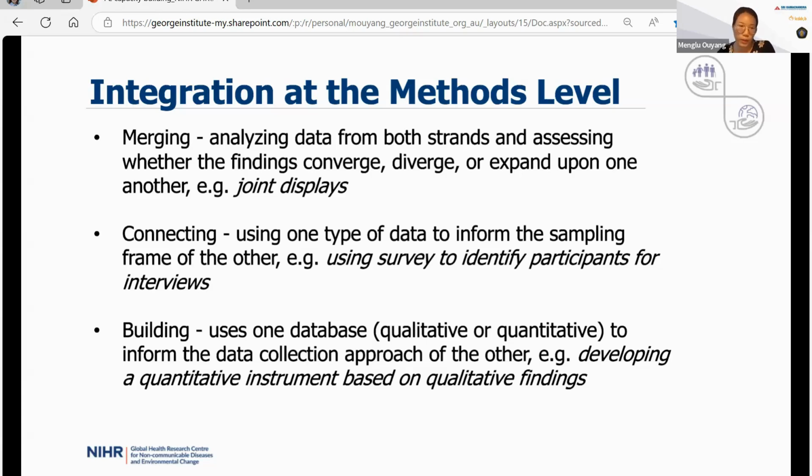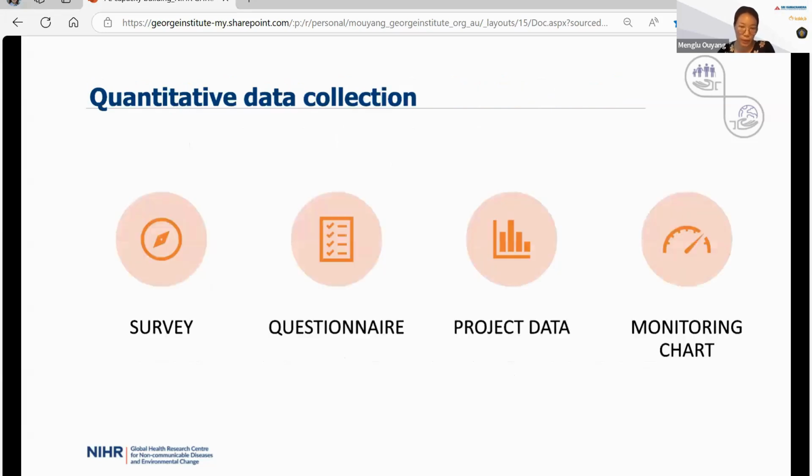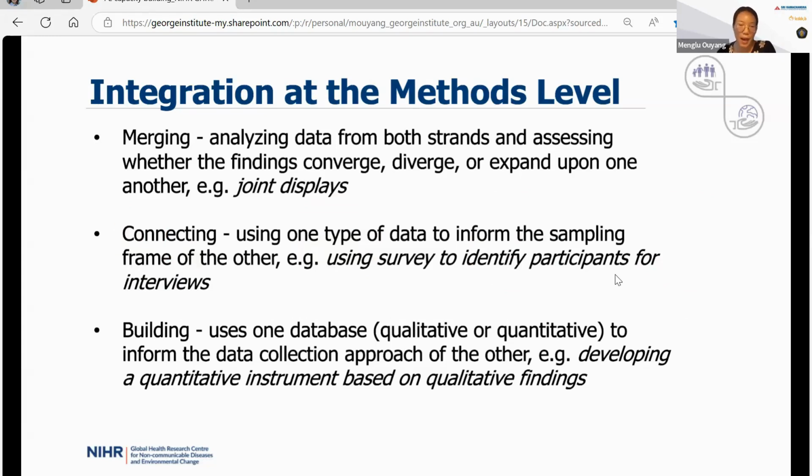The third approach to integrate the mixed methods research design is building. So that is much more like the explanatory analysis approach, which means you can use one database to inform the other.